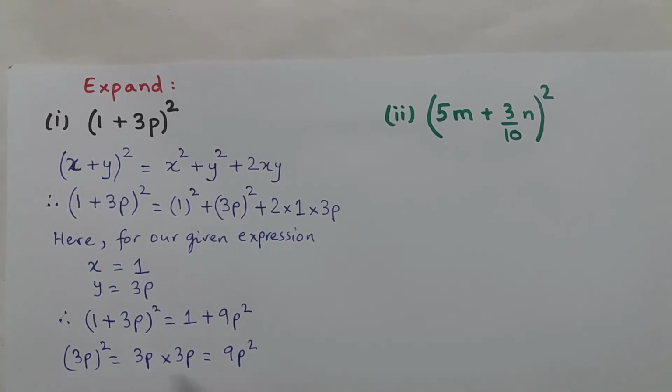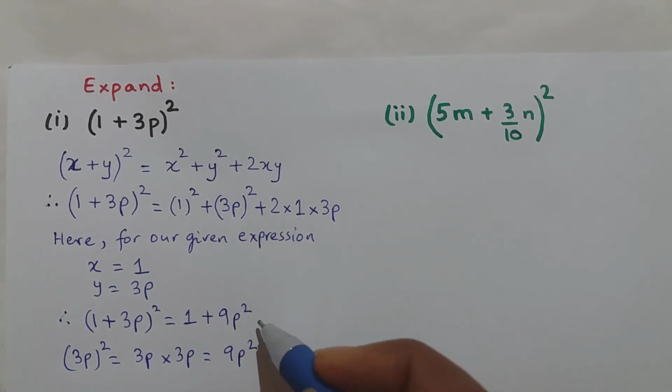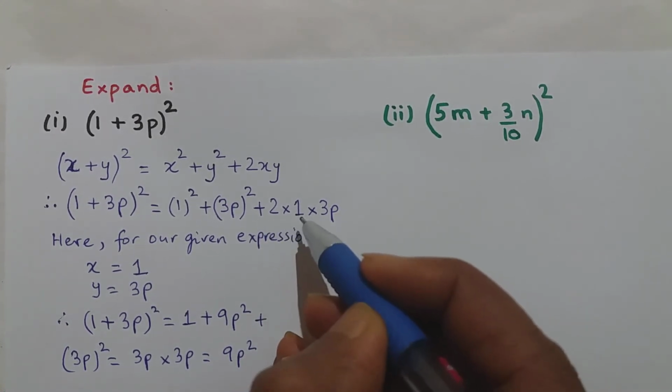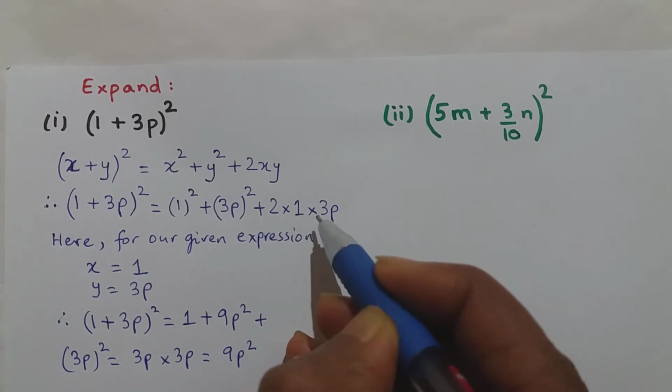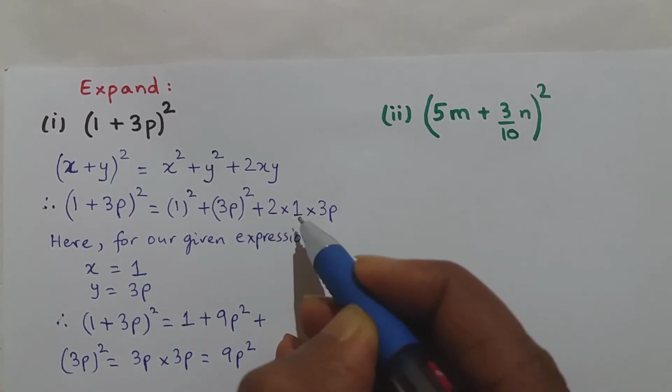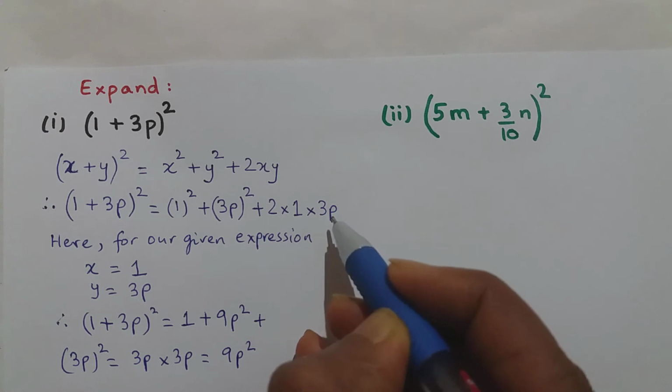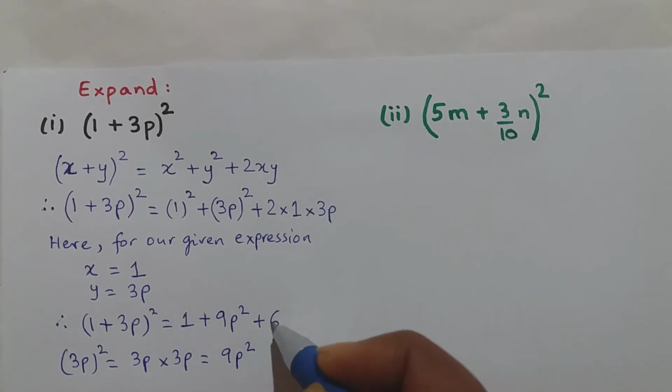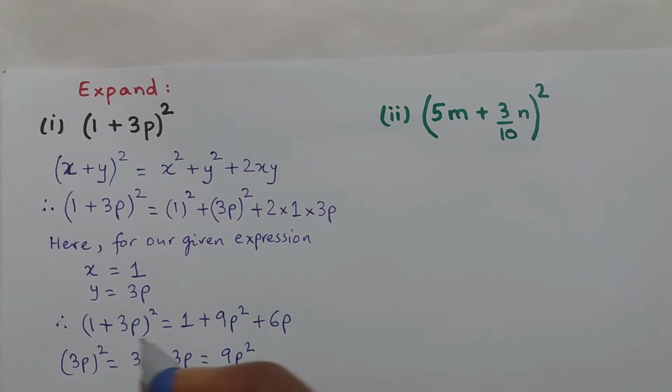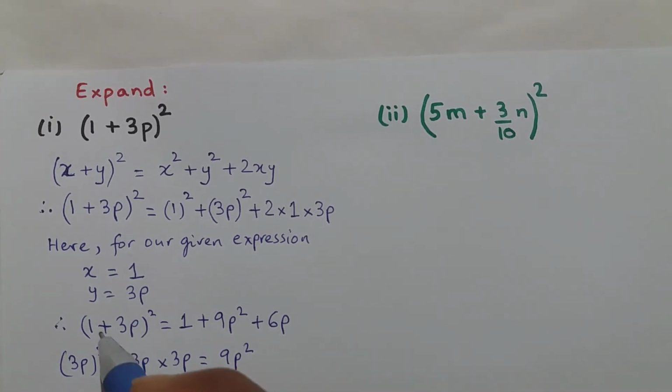So 3p whole square is 9p square, plus 2 into 1 into 3p. 2 into 1 is 2, and 2 into 3p is 6p. So when we expand 1 plus 3p whole square, we get 1 plus 9p square plus 6p. This is the answer for question number 1.